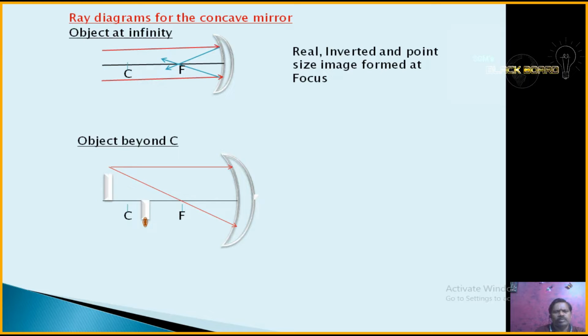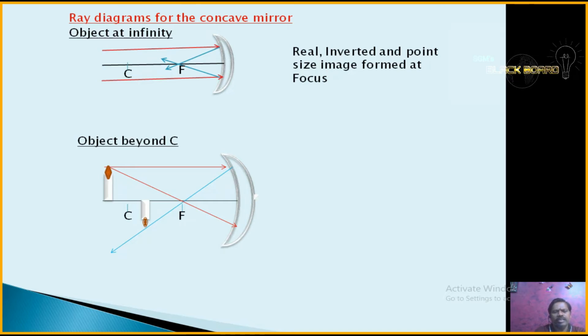Now let us see when the object is beyond the center of curvature. This is the mirror. Let us take a lighted candle beyond the center of curvature. The first ray we are taking parallel to the principal axis. After incident on the mirror it reflects in such a way that it passes through the focus.